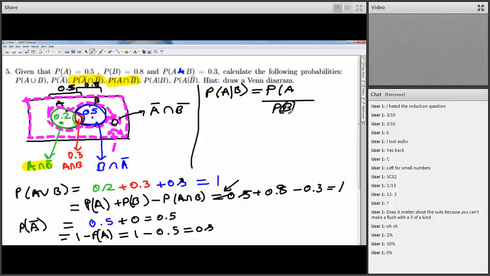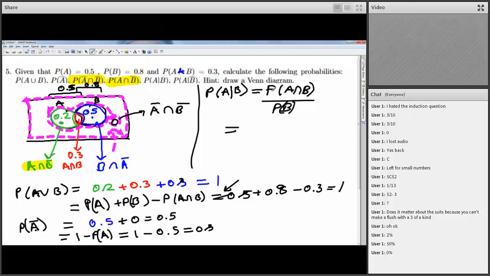So the bottom should be the probability of B. The top should be all the ways of getting A, but I know B is supposed to happen too, so the top is the probability of A and B. It really just boils down to the same trick. So that's the basic formula.